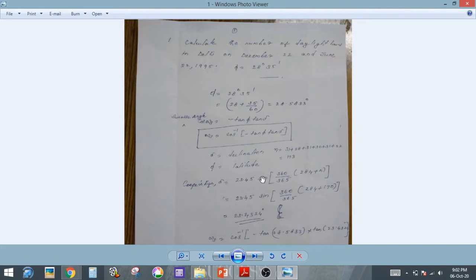This can be converted to degrees, which is equal to 28 plus 35 divided by 60, that is 28.5833 degrees.